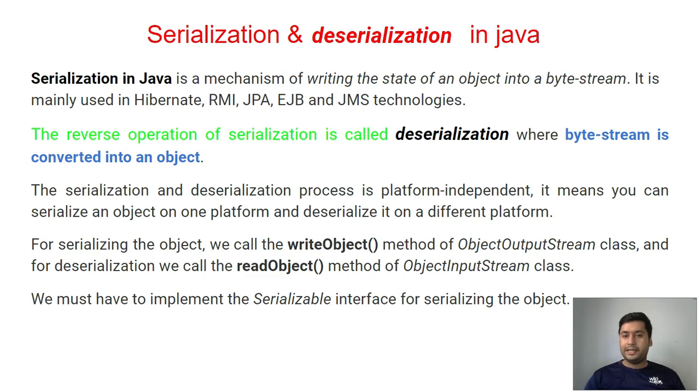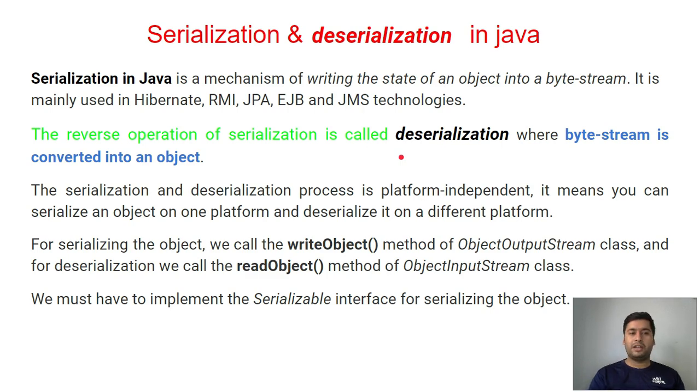Even if you want to write data into files, or into some server or database, you have to take the help of Hibernate, JPA, JDBC template, then only can we do it. Those technologies internally use the serialization concept, and then only are we writing our object data as a byte stream into the database. The reverse operation of serialization is called deserialization.